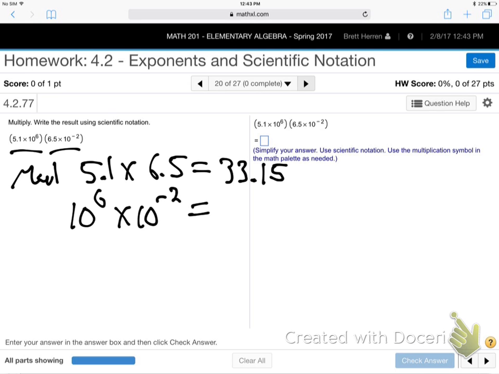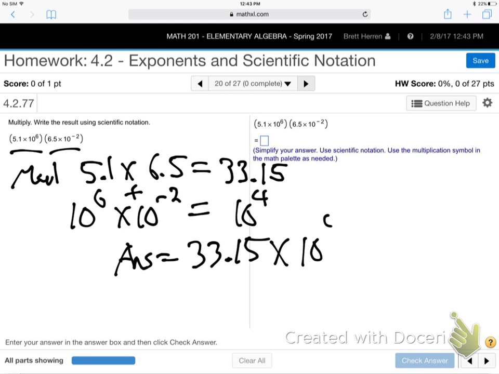Remember that one? You just do the power, 6 minus 2, because they're side by side. Remember, same bases side by side. Technically, you add the powers, but adding the negative 2 is subtraction in the end. 10 to the 4th, huh? Right? That good? And so our answer is 33.15 times 10 to the 4th. Kind of put it back together.